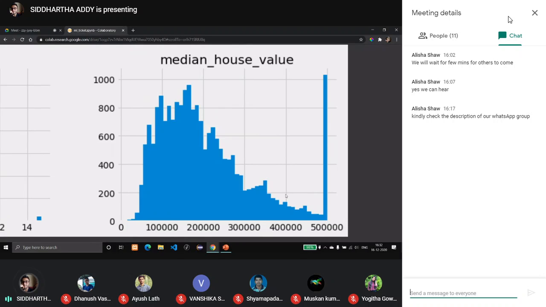So think like this. The data set contains 20,640 data points. The data is strictly limited between 0 and 5 lakh.